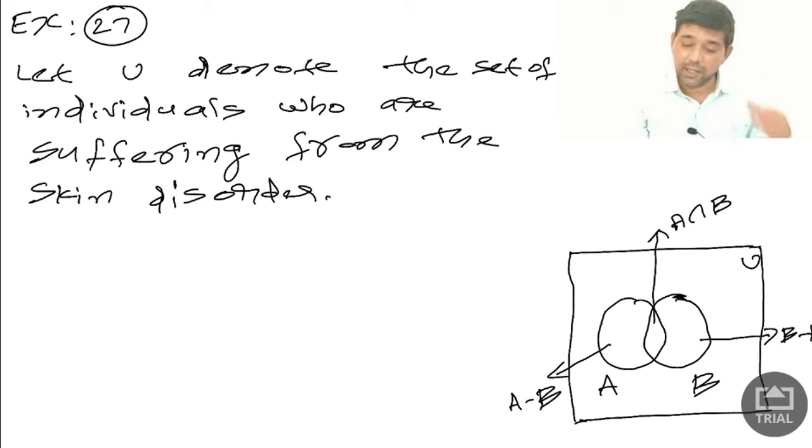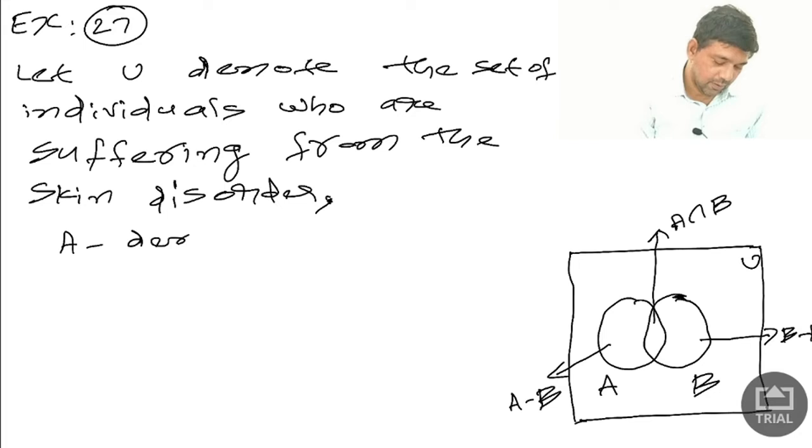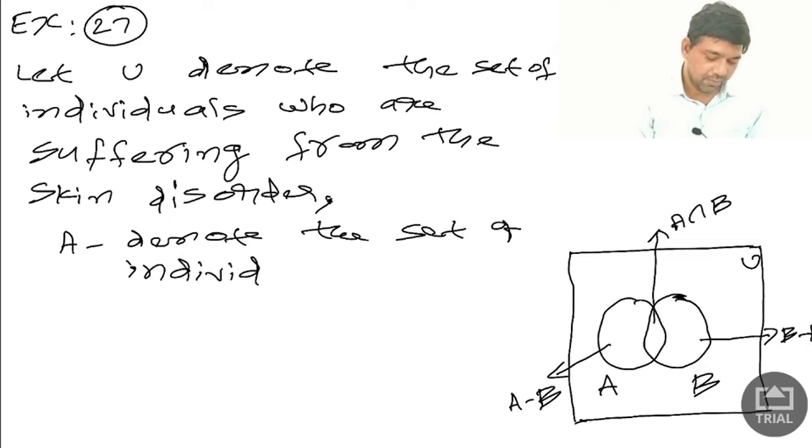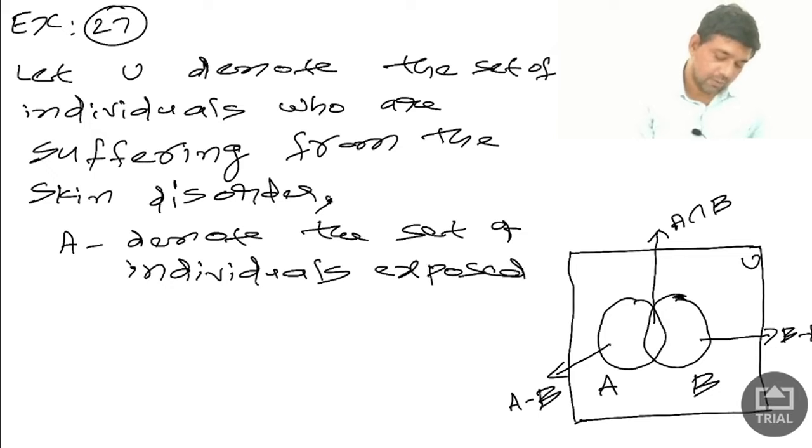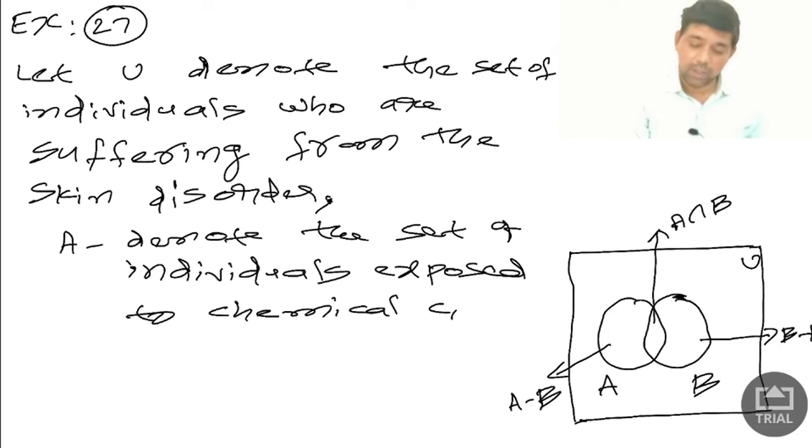Now let A and B be sets. What are A and B? A denotes the set of individuals exposed to chemical C1 but not chemical C2, otherwise only chemical C1 we can write.